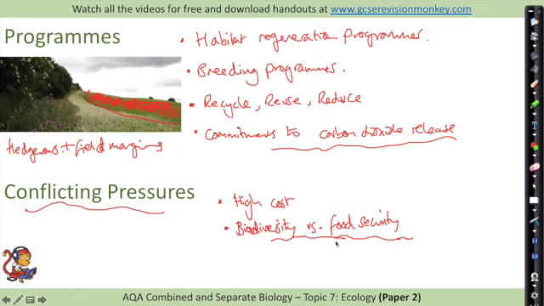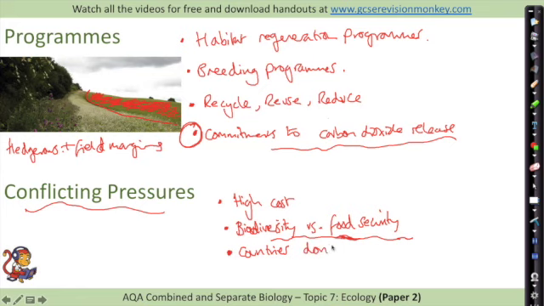Also, for other countries that are finding it very difficult to grow enough food to maintain their populations, well then it's very difficult to try and get governments to instill very particular commitments on those countries when they are going to want to cut down trees, to grow food, etc. And then this really leads on to the final conflicting pressure, that countries can't agree.